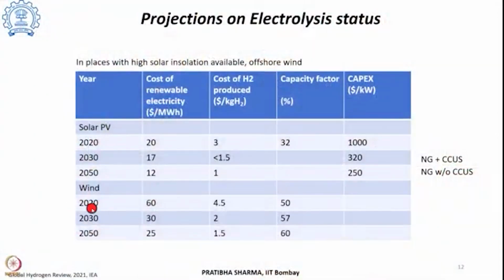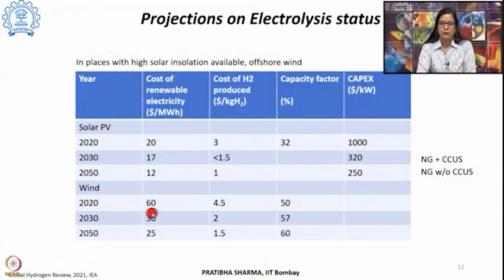Considering the current prices associated with wind power, the cost of renewable electricity is currently higher, $60 per megawatt hour, and that is responsible for a higher cost of hydrogen, $4.5 per kg, considering a capacity factor of 50%. But it is expected that by 2030 the cost of renewable electricity from wind will come down to $30 per megawatt hour, and then the hydrogen production cost will be $2 per kg.